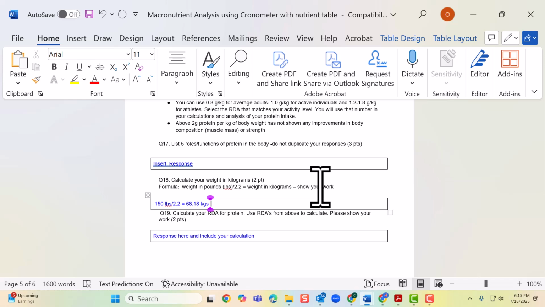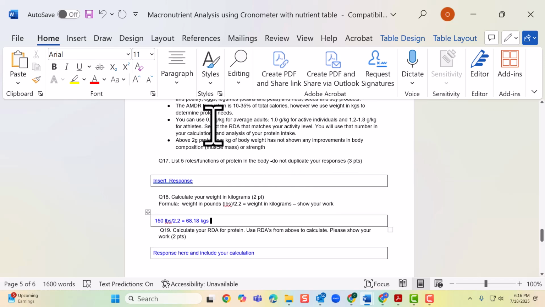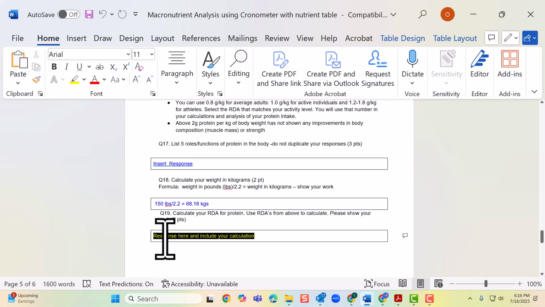So I've shown my work and it says easy as that. Now I have my weight in kilos and I can calculate my RDA. That means I don't want to see the RDA calculation done in pounds. I want it in kilograms. Use whichever RDA fits your activity level. I'm going to use 1.0 just for a standard active individual. I'm not an athlete. I'm not an athlete in season. So you should only be using athlete numbers if you truly are an athlete or training for something.